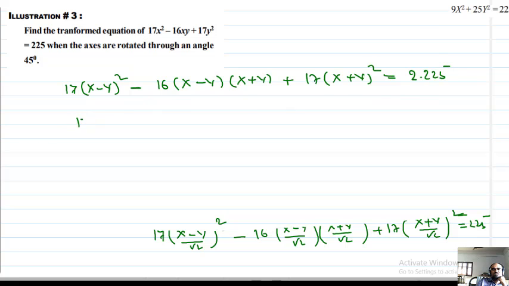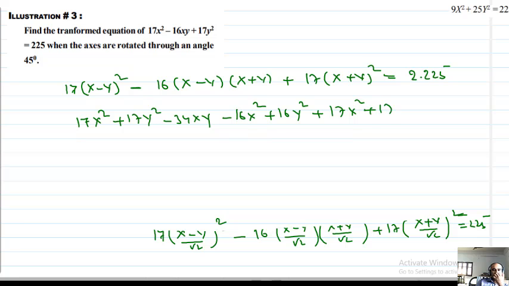So 17X² plus 17Y² minus 34XY, minus 16 times (X² minus Y²), that is minus 16X² plus 16Y², plus 17X² plus 17Y² plus 34XY equals 450.